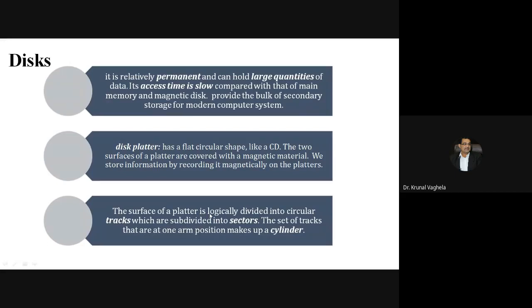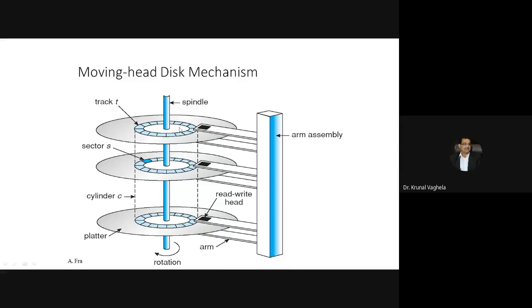The surface of the platter is logically divided into circular tracks. We have already seen what is a track, what is a sector, and what is a cylinder, right? So the surface of the platter is logically divided into circular tracks, which are subdivided into sectors. The set of tracks that are at one arm position make up the cylinder. So the entire platter is divided logically. This is not a physical division, but a logical division.